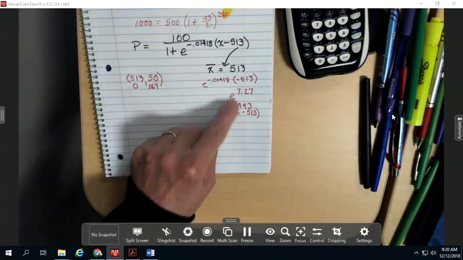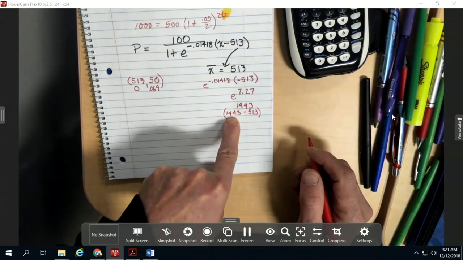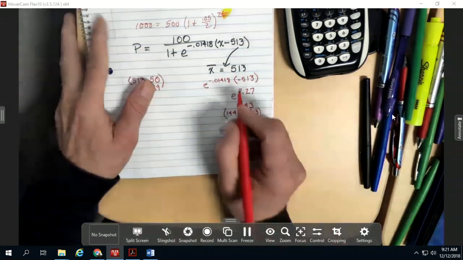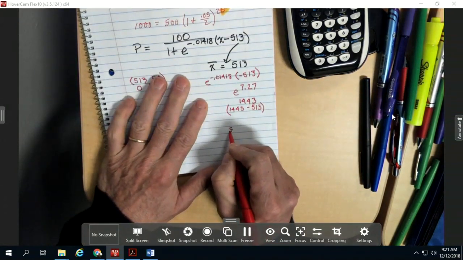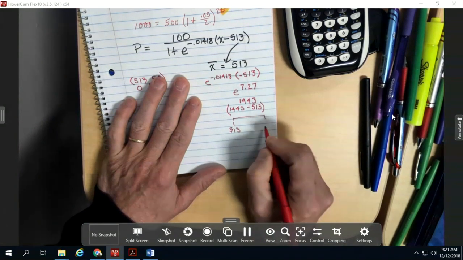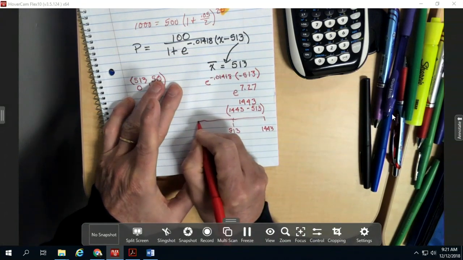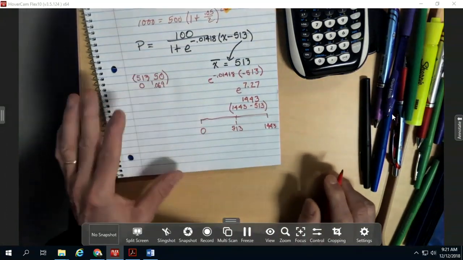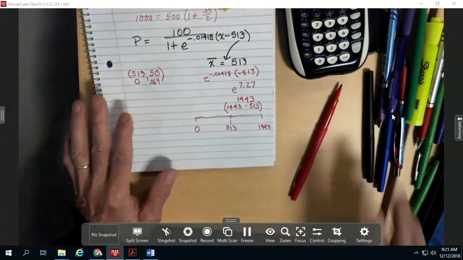So if this person here has a score of 0, this person here must have a score of 1443 because they're equal distance away from the middle, 513. Okay, so this distance must be up to 1443, and this distance down here must be to 0. Not distance in scores, but distance in number of people.